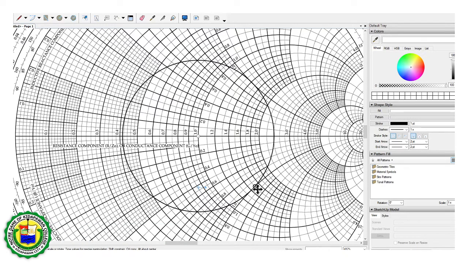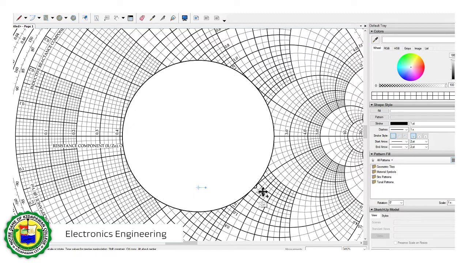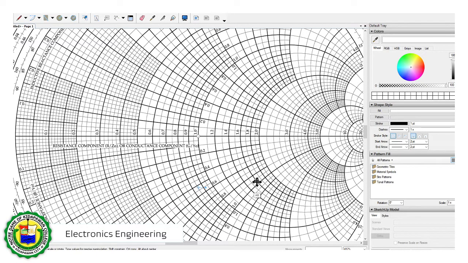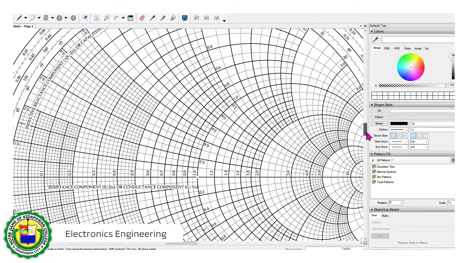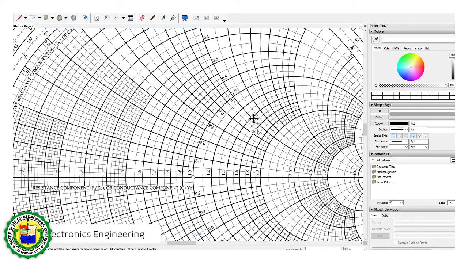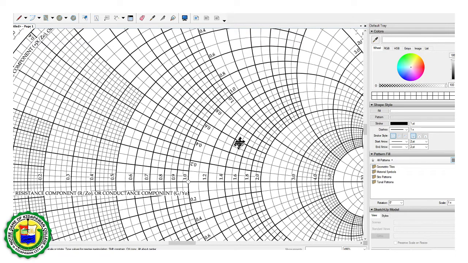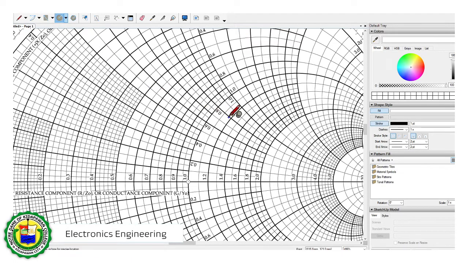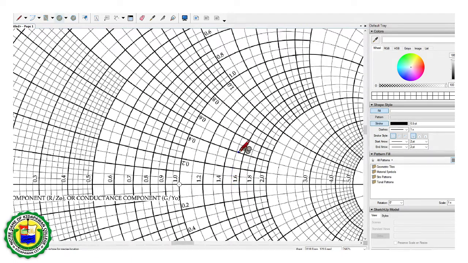Now, since this is our ZL, I am sorry about that, this is wrong. We have both positive values. I'm sorry about that. Right here below are negative values of our reactance, so be careful about that. Let me draw it again. We have 1.5 and 1j. 1j is right there, so 1.5 and 1j is right here.